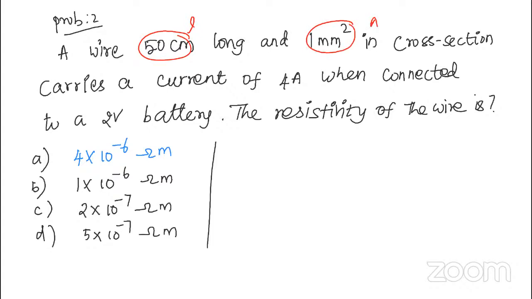Then here it is I, current value. Okay. Then it is volts. Voltage value, that is V, they are given. Okay. Right. So first write down the given values.